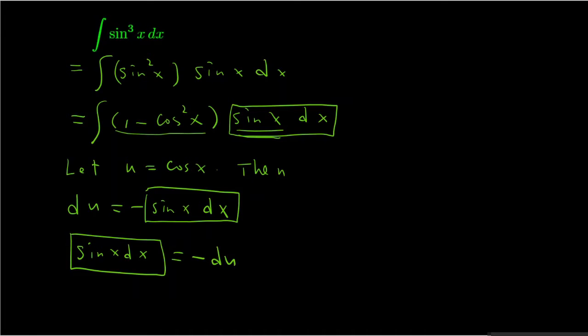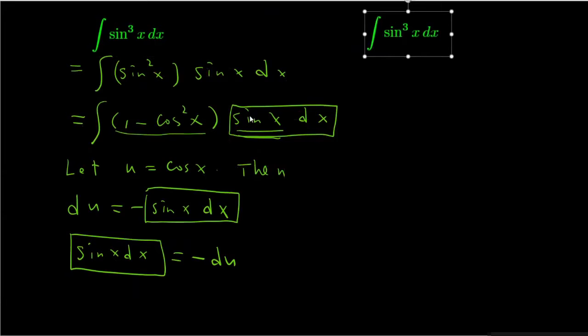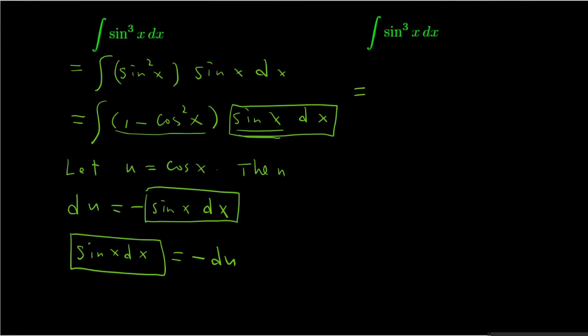Now we are ready to rewrite the integral entirely in terms of a new function of u. We start from here. This integral can be written as a new function of u, as everything is going to be in terms of u. We're going to change everything to the u world.